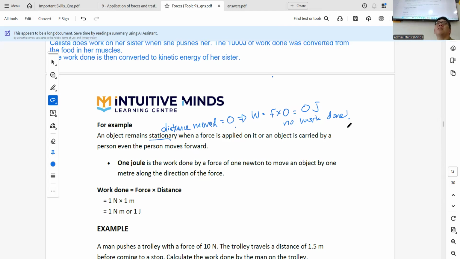Okay? The second part is difficult to understand. So the second part is difficult because you are moving, but you're just not moving in the same direction.